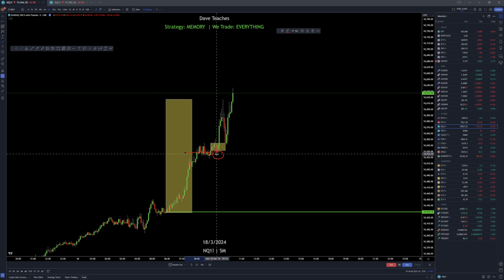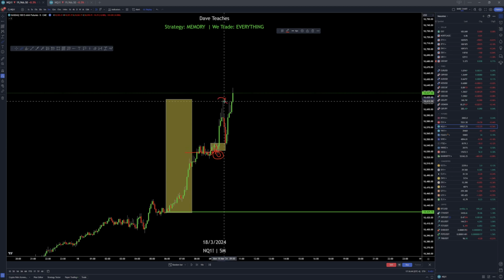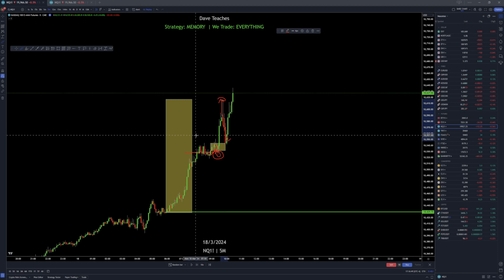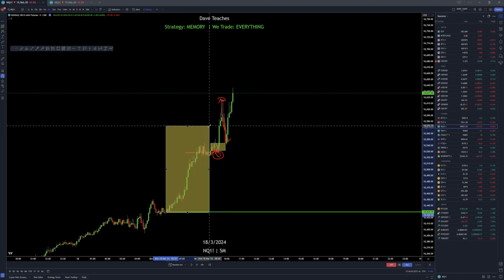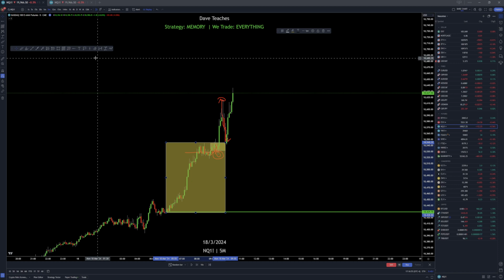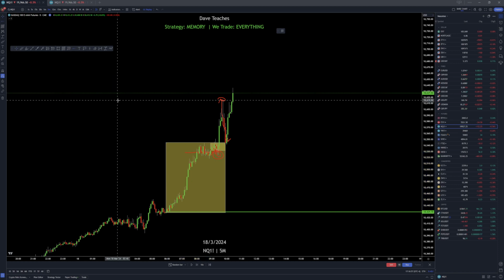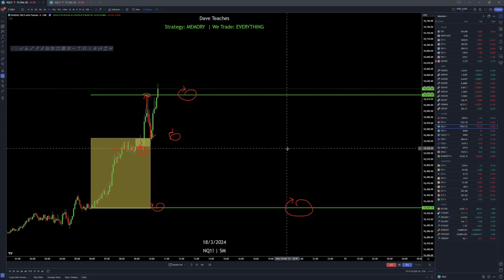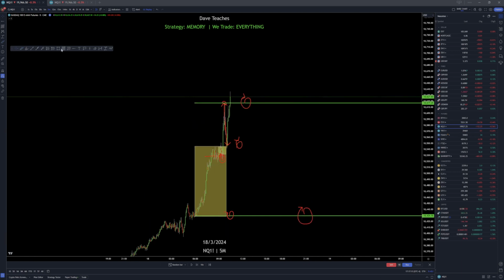I would even say 15. That move is just putting the wick in the 4-hour candle. So now you have the high, the close, the open, and the low that's down here. Then the next 4-hour candle opens and the next 4-hour candle does this.